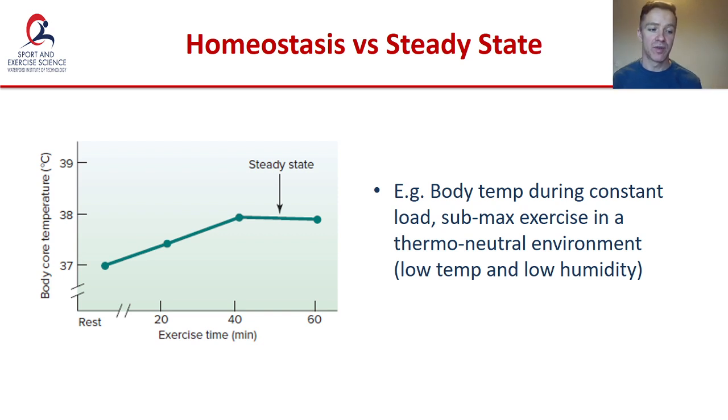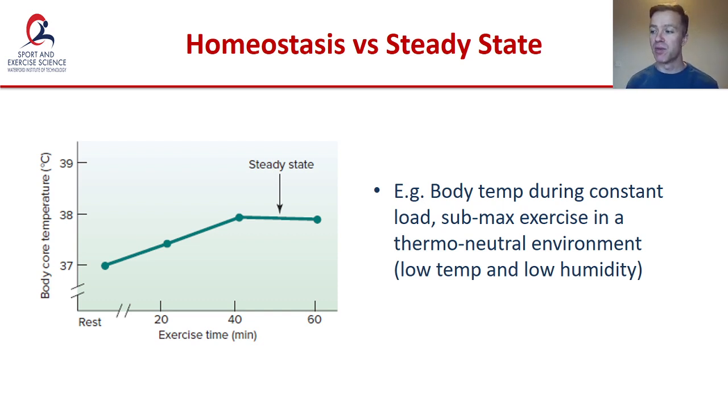So homeostasis would be the resting baseline level, body temperature of 37 degrees. During submaximal exercise, in this example here, we've a new steady state level, which is 38 degrees, 1 degree higher. So the plateau in the body temperature there represents steady state because the temperature is constant, it's not changing.